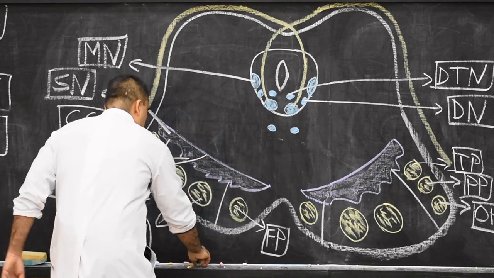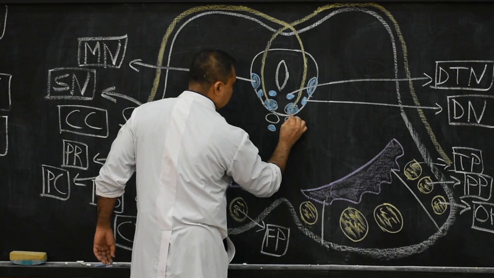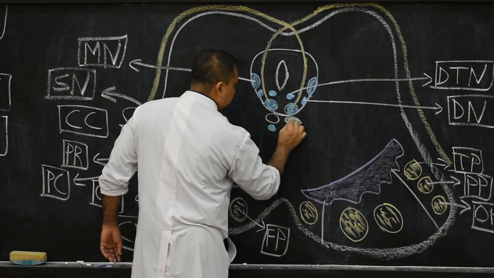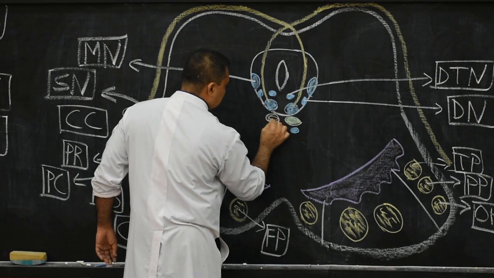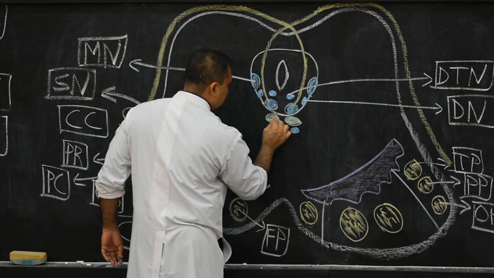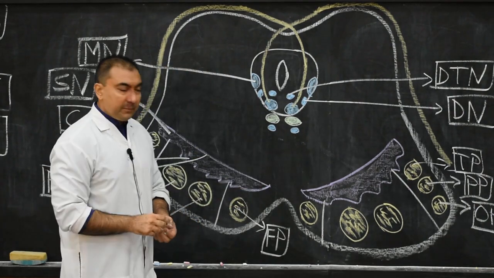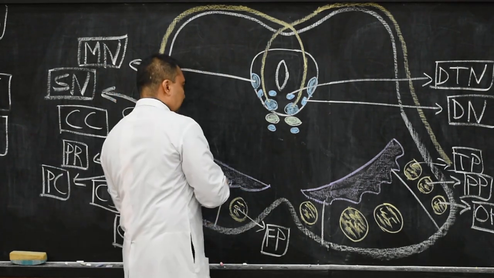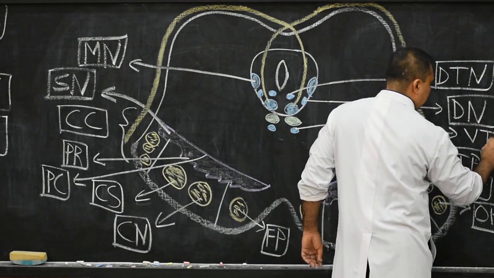So first I will draw here, this is the medial longitudinal fasciculus. This will be a component which is present here in the white matter. So ventral to medial longitudinal fasciculus, there will be this ventral tegmental nucleus. So therefore here we will mark it as ventral tegmental nucleus.